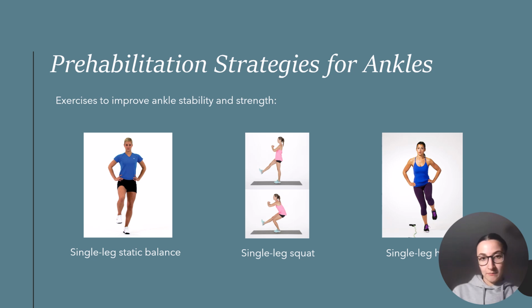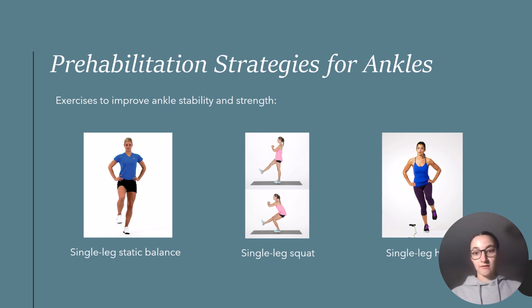All right, looking at prehabilitation strategies for ankle sprains, these are all types of activities or exercises that athletes can do to help maybe reduce the risk, things they can do before they even sprain their ankle, such as single leg static balance, which is going to be huge, single leg squats, and then single leg hops.